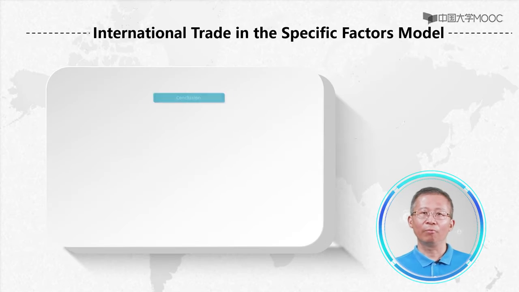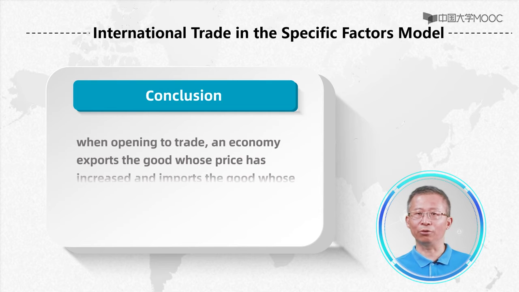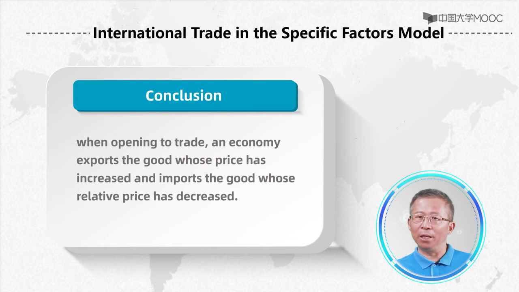So the economy will become an exporter of food and a clothes importer. We can come to a conclusion: when opening to trade, an economy exports the good whose relative price has increased, and imports the good whose relative price has decreased.